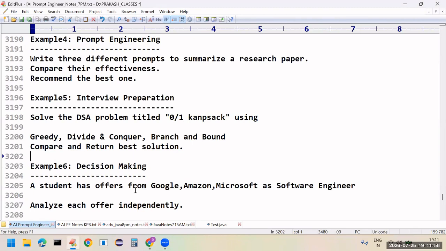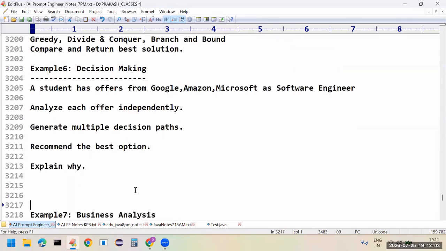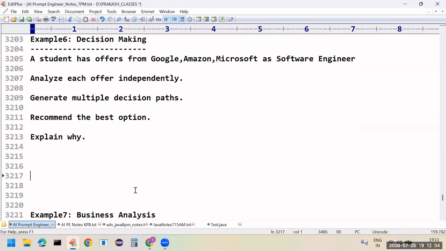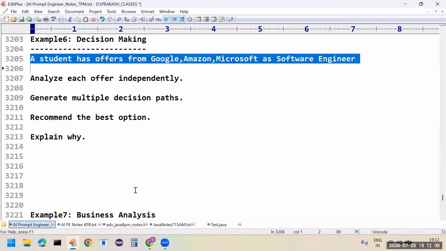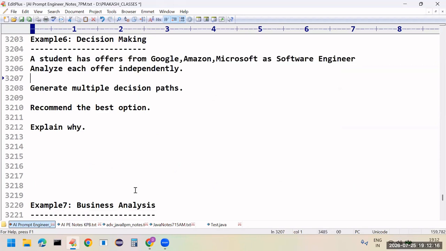Now, example 6. Decision making. Sir, a student has offers from Google, Amazon, and Microsoft as software engineer. Analyze each offer independently.